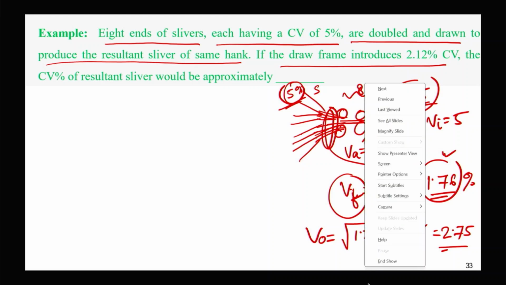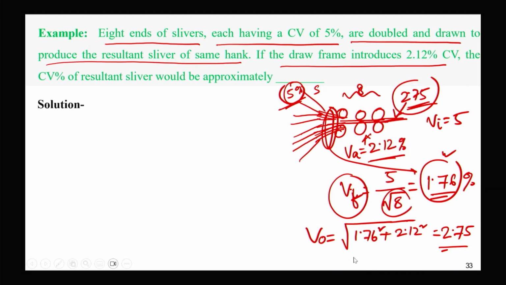That means here the effect of the doubling is dominating over the addition part. So in a normal draw frame, although we are getting the same hank, the same linear density, we are getting an improvement in uniformity.